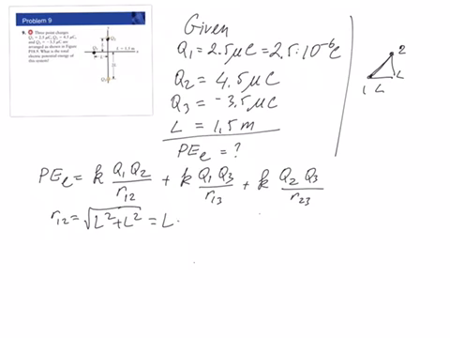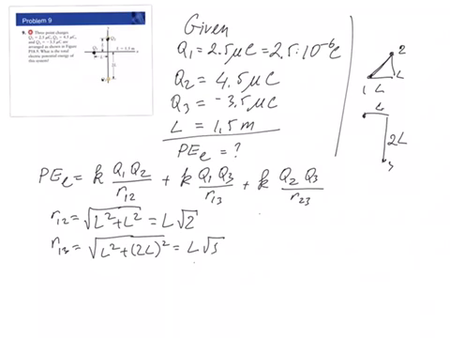It is L radical 2. It's easy to simplify. So let's look at R1,3, where we have 1 over here and 3 over here. This is distance L. This is 2L. Pythagorean theorem again. It's just the radical of L squared plus 2L squared, which is L radical 5.